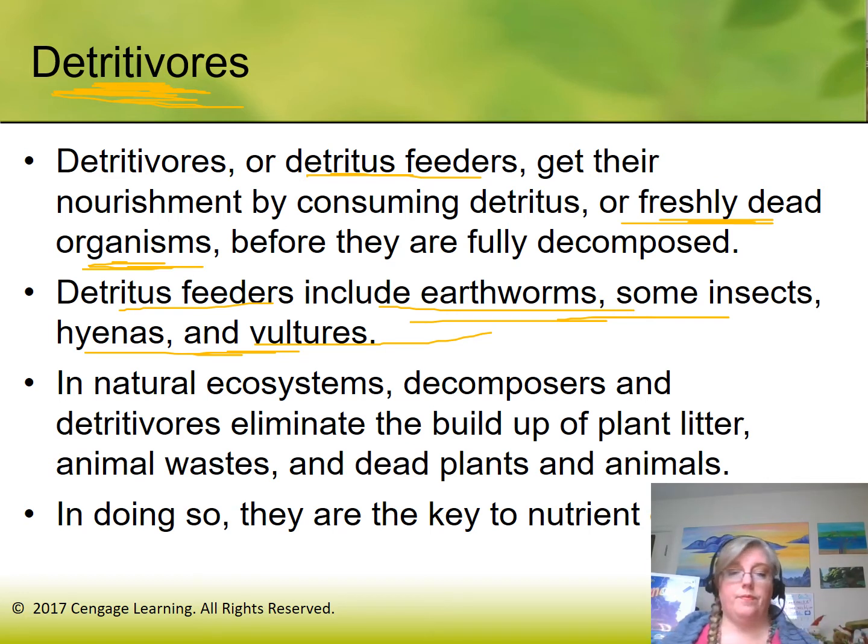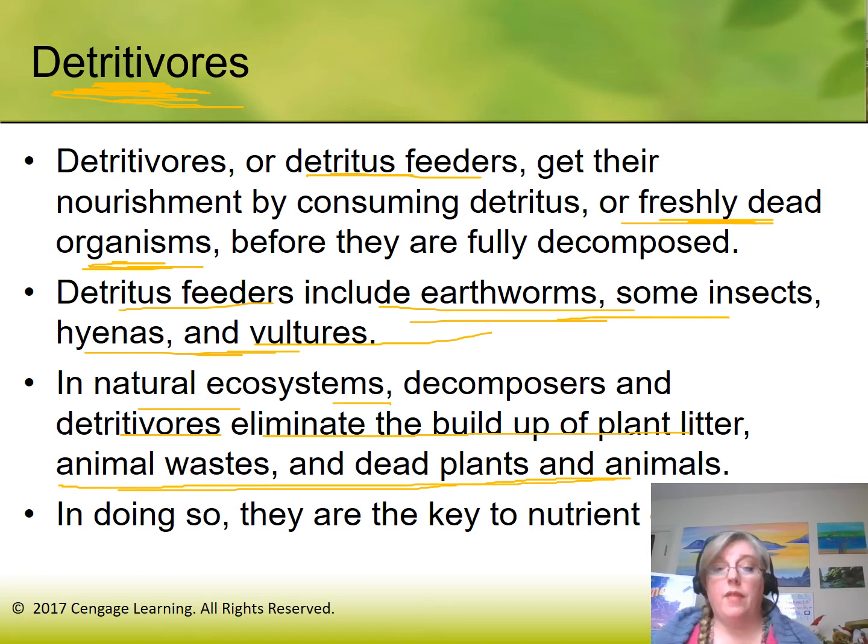And so in natural ecosystems, the decomposers and detritivores are going to eliminate the buildup of leaf litter, animal waste, and dead animals and plants, because you imagine what it would be like around here without them. And in doing so, they are the key to nutrient cycling. Remember we talked about how the earth is a closed system as far as matter and nutrients go.